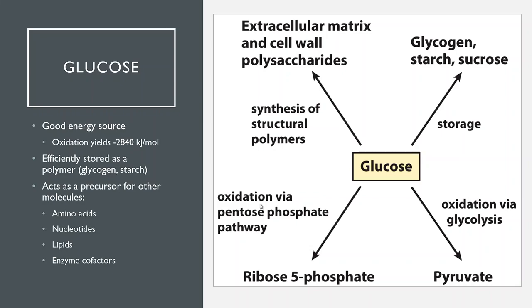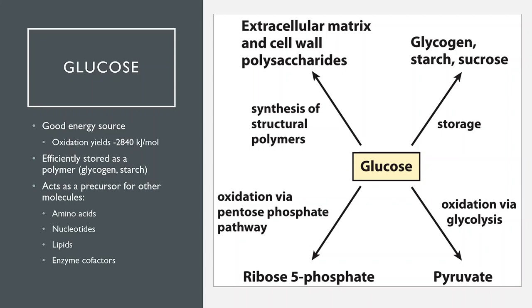And then glucose can be converted through a separate pathway that we'll talk a little bit about, called the pentose phosphate pathway, into ribose 5-phosphate, which is then the precursor for things like nucleic acids and so on. So that's the reason why glucose is probably so commonly used by so many different organisms as an energy source.